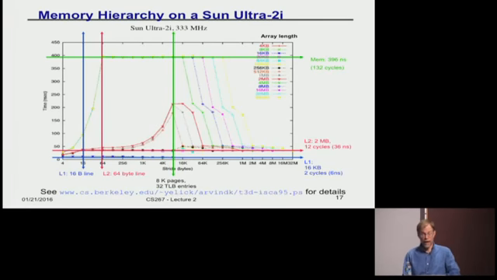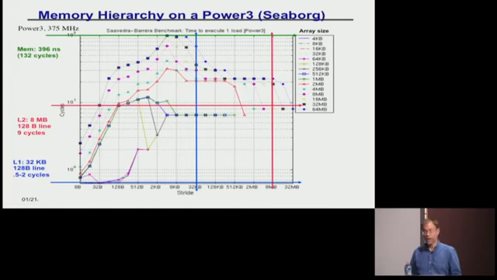Okay, so I did this in maybe more detail than you care about, but the point was to show you what real programs behave like. Now I'm just going to show you some more recent machines very quickly as eye candy to show you they're even more complicated. Here was an experiment done a little bit later on a predecessor of Edison at LBL called Seaborg.